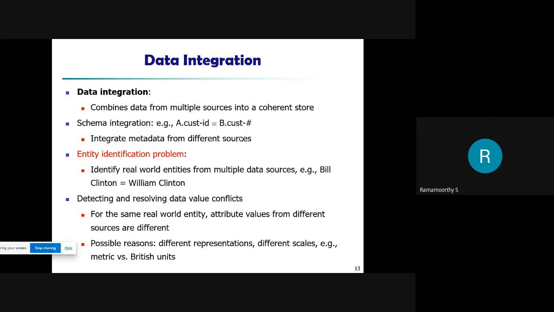So there are different data formats and different scales. Some data values range between 1 to 10, and some go 1 to 100. The range will also differ. For example, metric versus British units. These are some of the possible reasons for data value conflicts related to the data you are collecting from multiple sources.